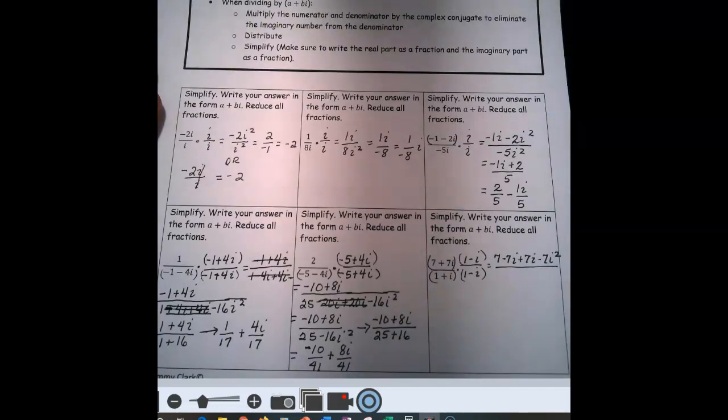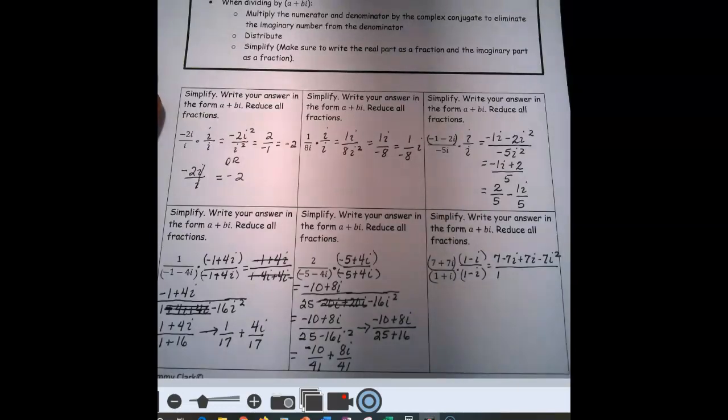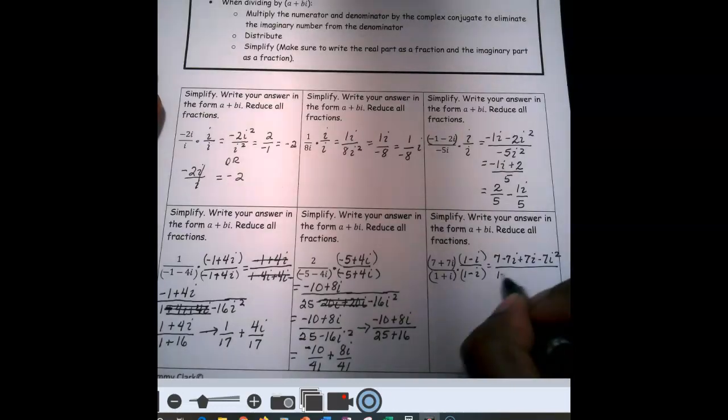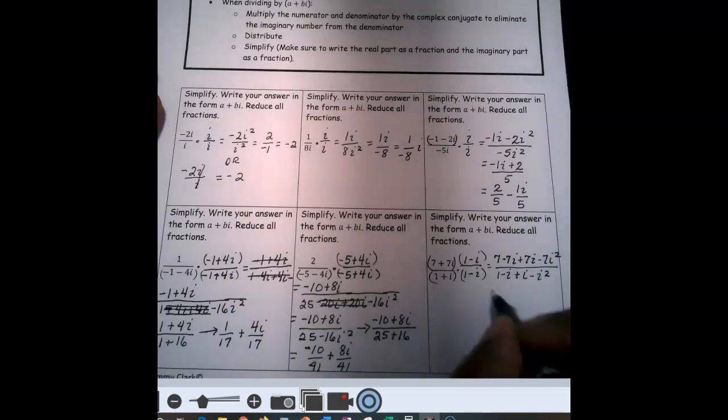Let's do the bottom. 1 times 1 is 1. 1 times negative i is negative i. Positive i times positive 1 is positive i. And then i times negative i is negative i squared. So now we're going to begin to clean this up a little bit.